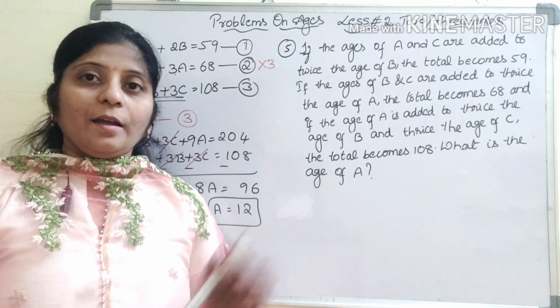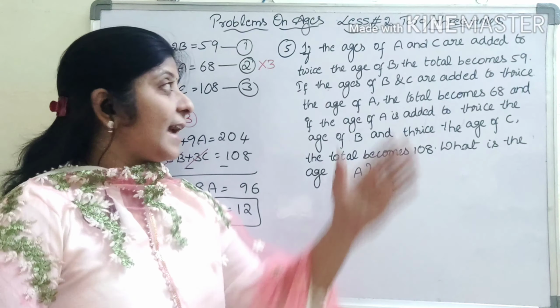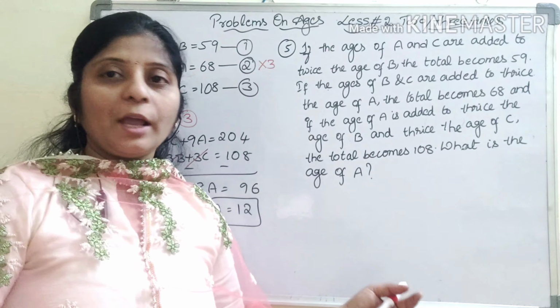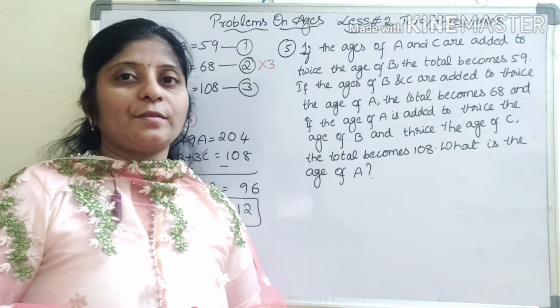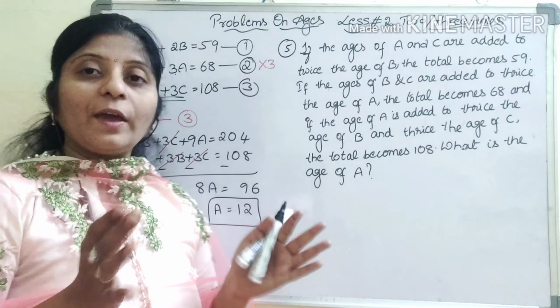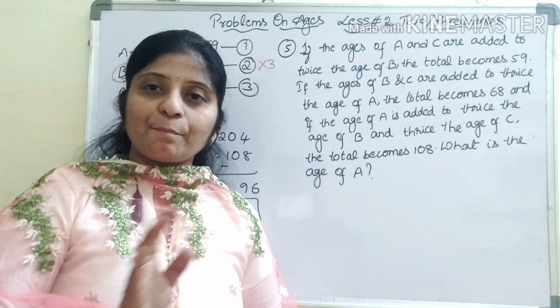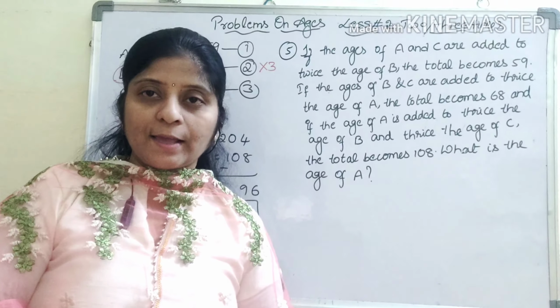So like this, you can easily solve the problems on ages, whether the data given is very big or within 2 or 3 steps. When we know how to form the given question in simple form, then we can solve the problems very easily.